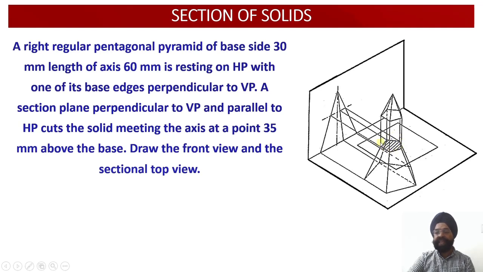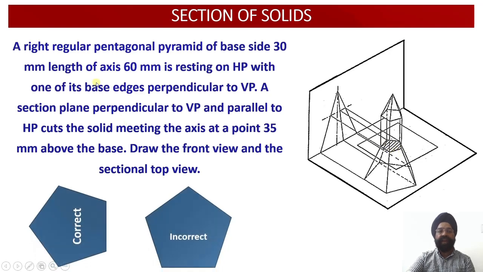So the POIs, that is the points of intersection, which will be obtained over here will be equal to N. N means the number of edges of the base, or the number of corners of the base. Since there are 5 slant edges for this pentagonal pyramid, and all the 5 slant edges have been cut, POIs will be equal to N, the number of edges of the base.